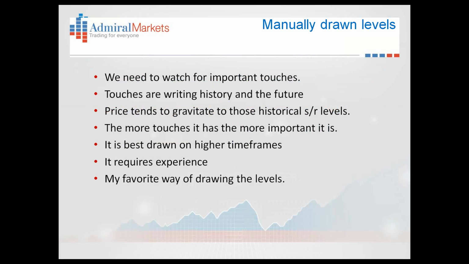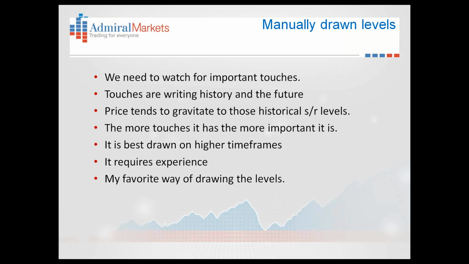Manually drawn levels. Those are my favorite sort of horizontal support and resistance levels. We need to watch for important touches. Touches are writing history and the future. Those are abstract levels, because the price is seen basically as how it moves in our chart.